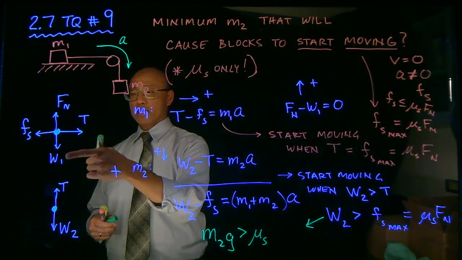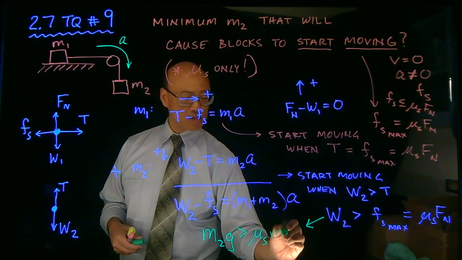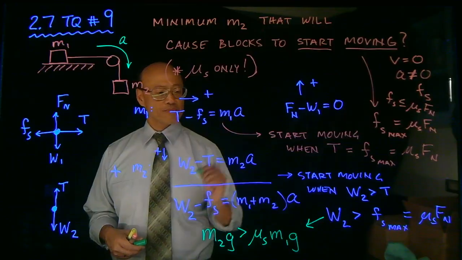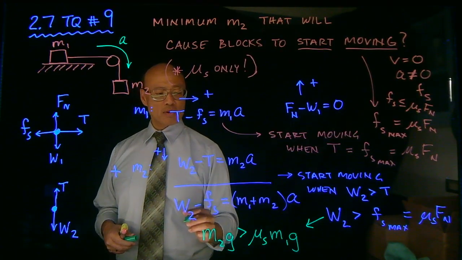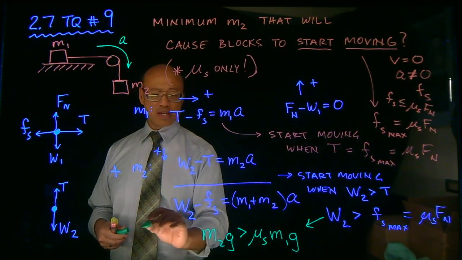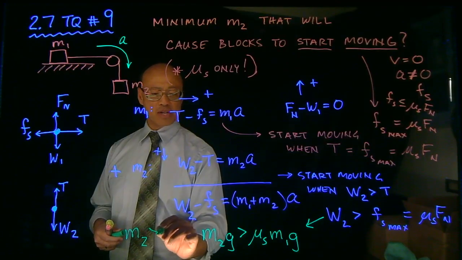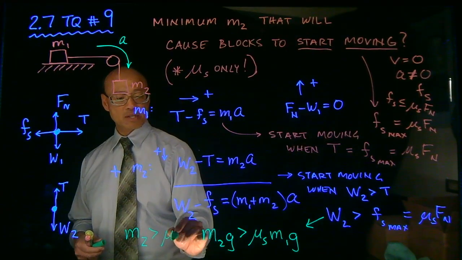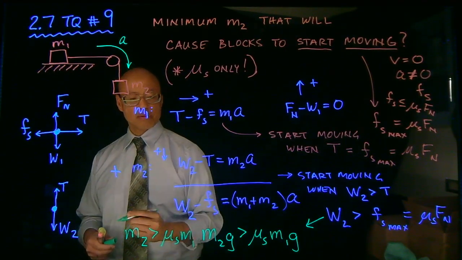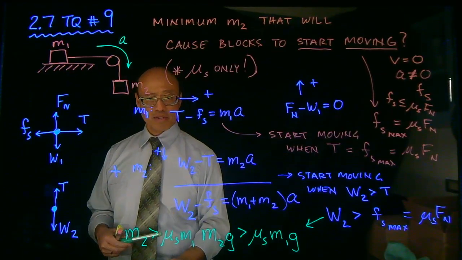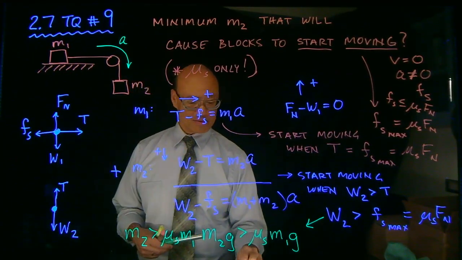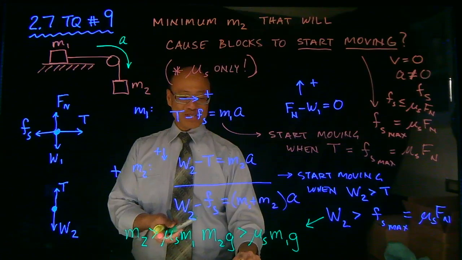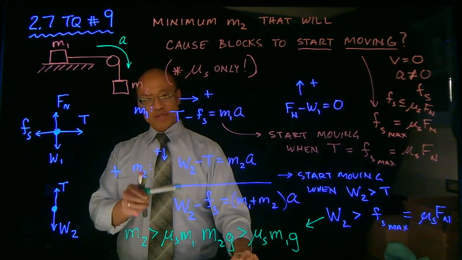But what's Fn? It's just M1g. So what M2 do we need? M2 has to be bigger than mu s M1. And that is the solution.